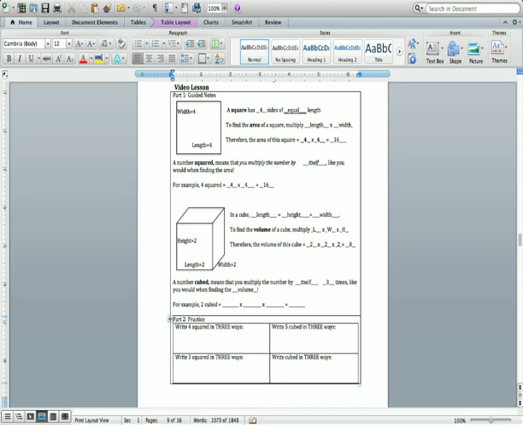That's why when you raise a number to the third power, it's called cubed, because it's like you're finding the volume of a cube. So example, 2 cubed is going to equal 2 times 2 times 2, which equals 8. So go through and make sure that you have all of those guided notes filled out.